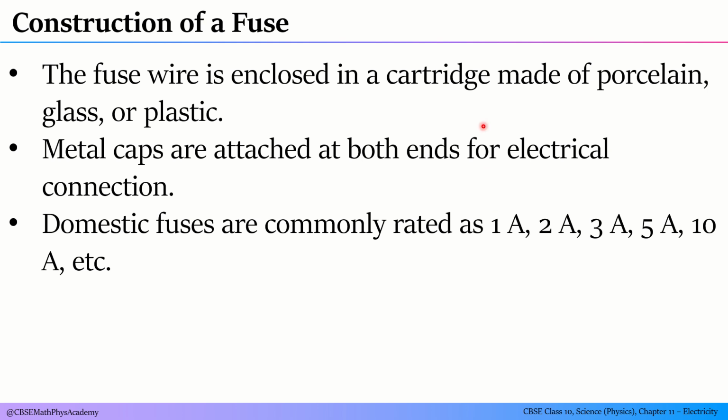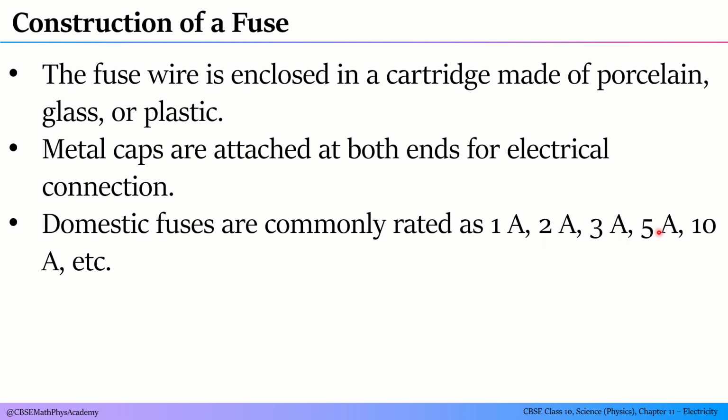The fuse is enclosed in a cartridge made of glass, plastic, or in the earlier days even porcelain. At both ends there is a metallic cap for electrical connection, because that connection carries the current through the fuse. The fuses carry a rating like 1 ampere, 2 ampere, 3 ampere.